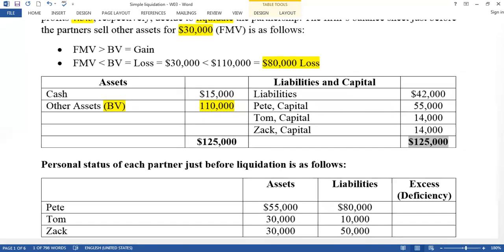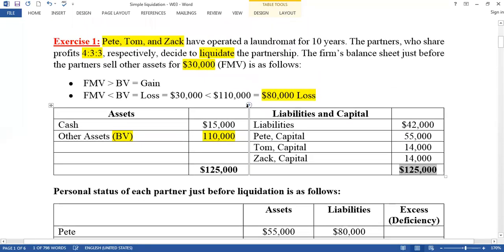So this is the first part of the question. There are three partners. They shared their ratio of 433. They are going to liquidate their partnership. That means they are going to close their partnership, and they sell all of their non-cash assets for $30,000. And we know these are the assets and these are the liabilities and capital.